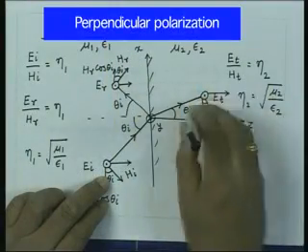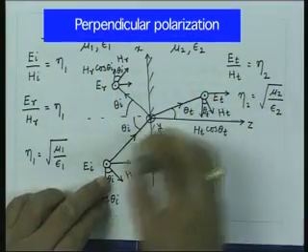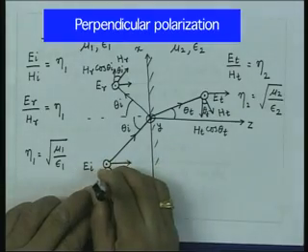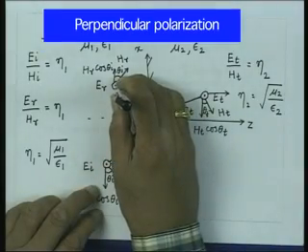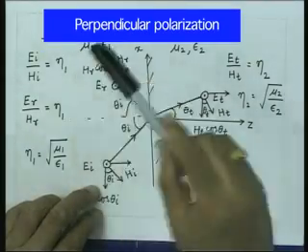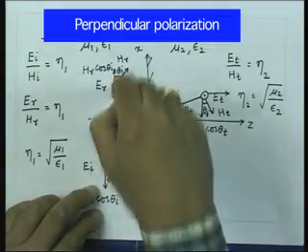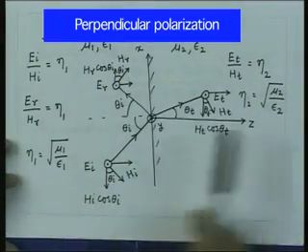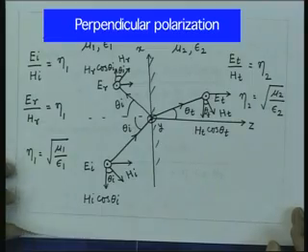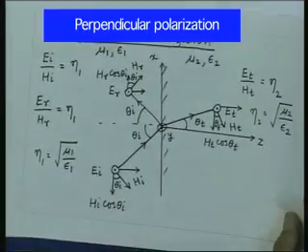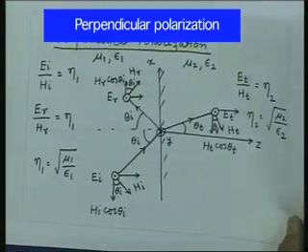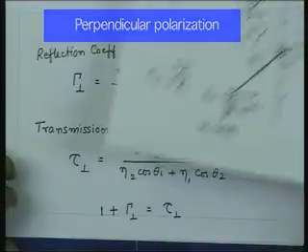That means if the electric field is like this for the incident wave, the electric field for the transmitted wave will always be coming out of the plane, whereas for the reflected wave it might come out of the plane or it might go inside the plane. Both possibilities might exist depending upon the angle of incidence and the medium parameters. So, these are some broad conclusions one can draw for this perpendicularly polarized wave.